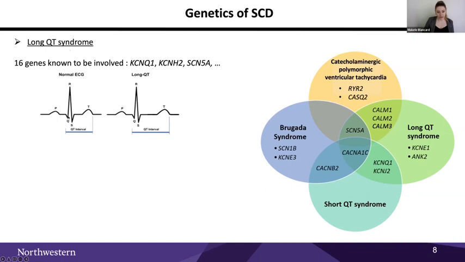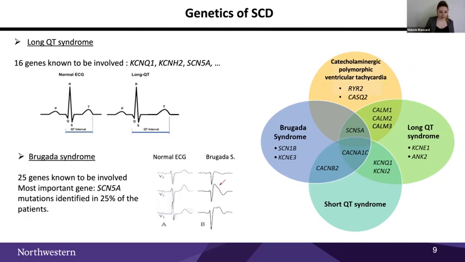It's pretty easy to understand, as it's in the name. You have the QT interval that you can measure on any EKG, usually corrected by the heart rate, and the patient will have a longer QT interval. That's pretty easy to see, and it would trigger arrhythmia and sudden death.